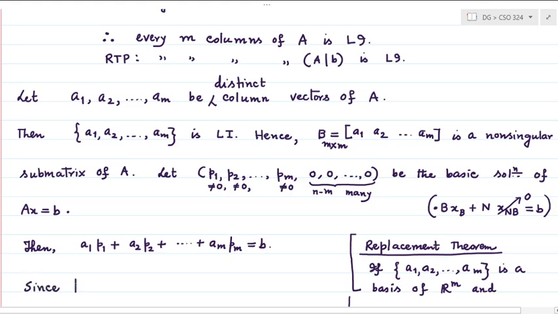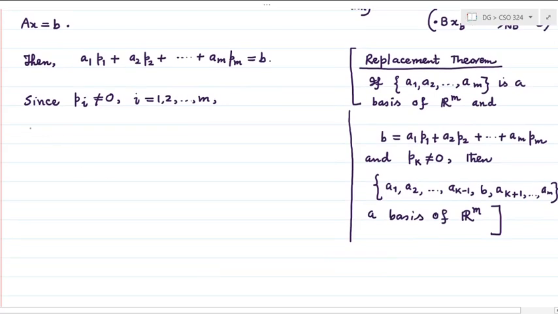Therefore, since pi is not zero for every i equal to 1 to m, you can replace the ith vector by b, and still the set of vectors a1, ..., ai minus 1, b in the place of ai, ai plus 1, ..., am is a basis of the m-dimensional Euclidean space.